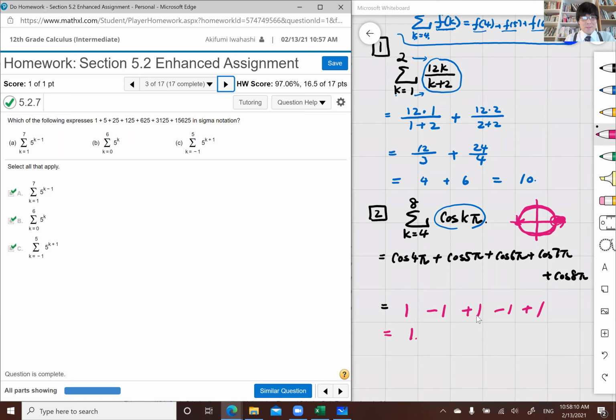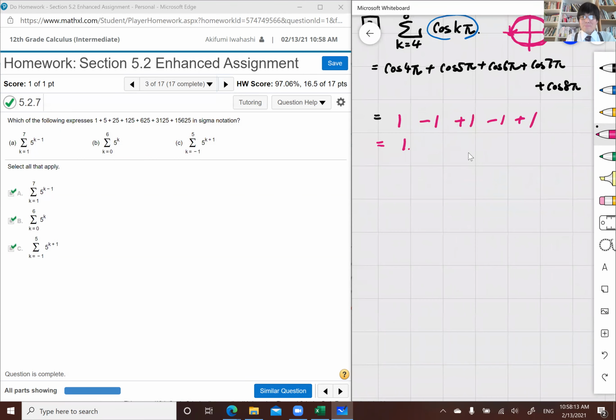Next one, a bit more difficult one. Which of the following expresses 1 plus 5 plus and so on in sigma notation? So this is actually 1 plus 5 plus 5 squared plus 5 cubed, 5 to the 4th, 5 to the 5th, and 5 to the 6th.